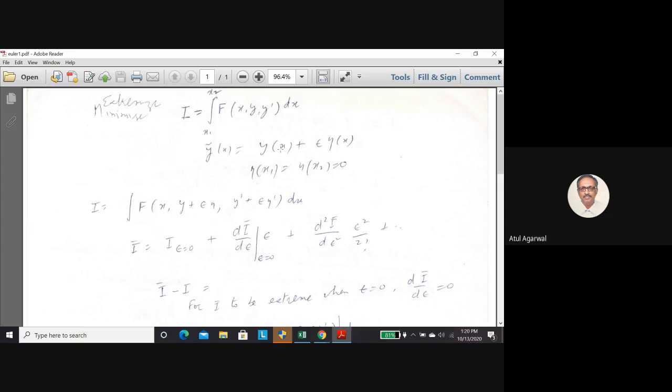We don't want boundary conditions to be violated. You see, at x1 and x2, this eta is 0. So this y cap will be same as y.